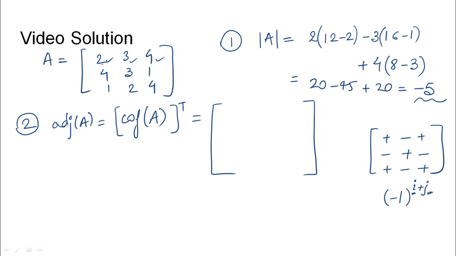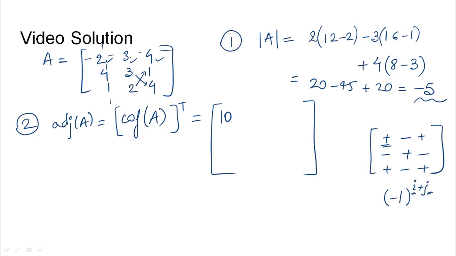For the first element 2, we remove its row and column and find the determinant of the remaining elements, that would be 3 into 4 minus 2 into 1, which gives the value 10. The sign convention for the element is positive, so we put 10 here.